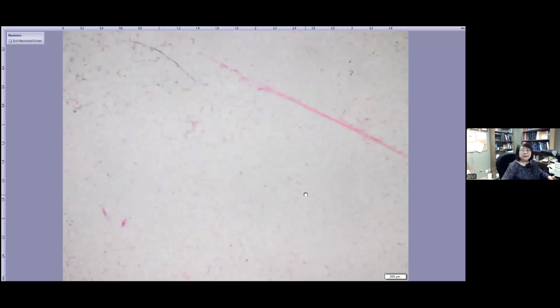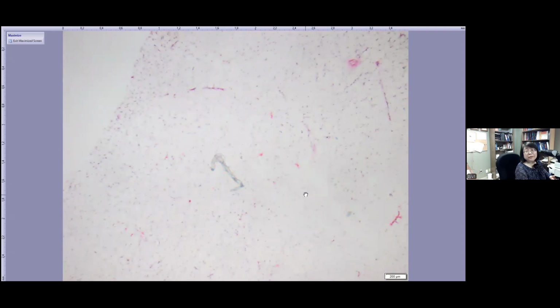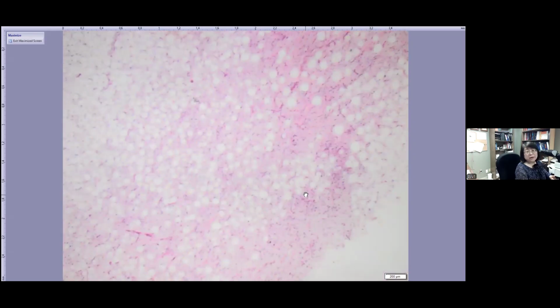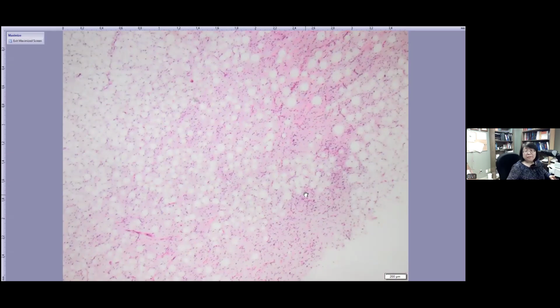Similar morphology, but in a young child. At low power view, you can see this is a more mature area. There are areas of more cellular spindle cells, and in the spindle cell area you have more fibrous tissue intermingled with fat.